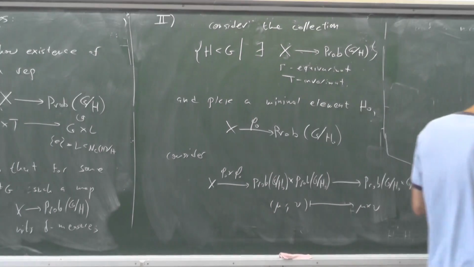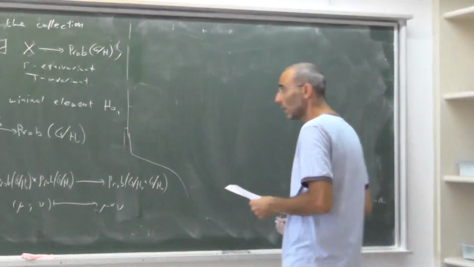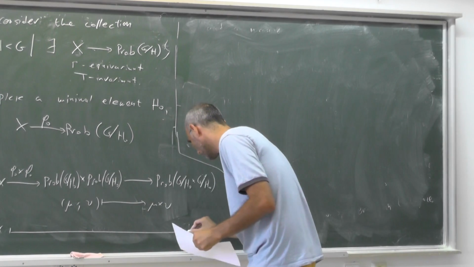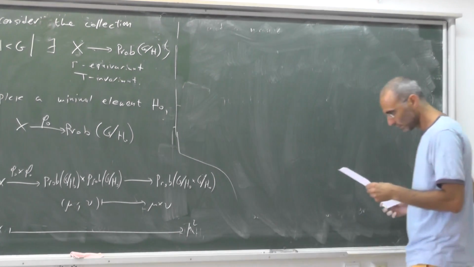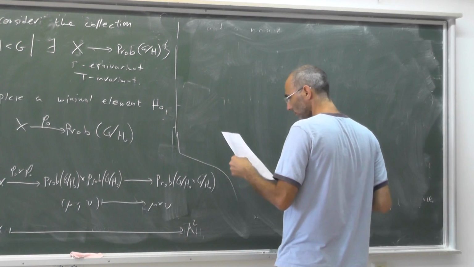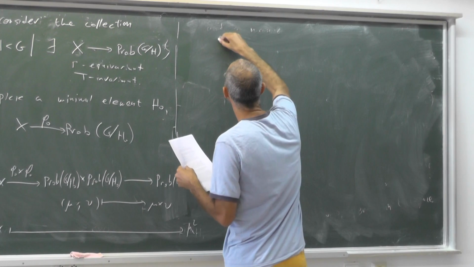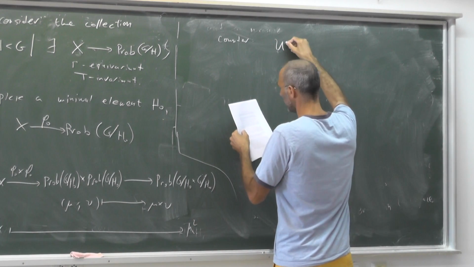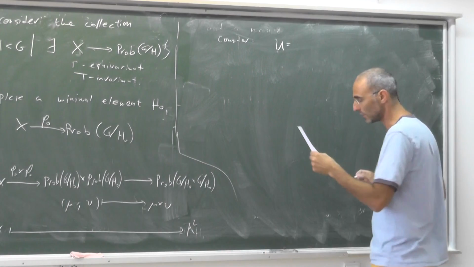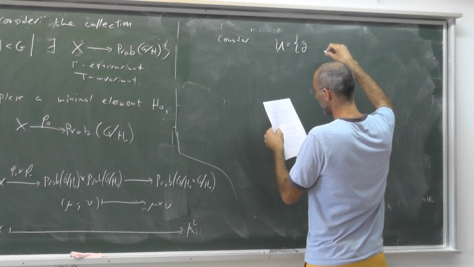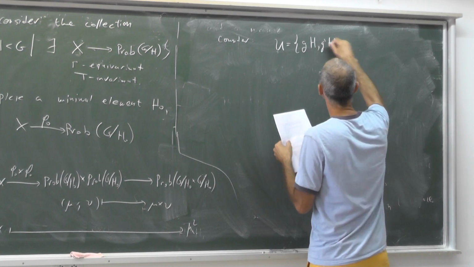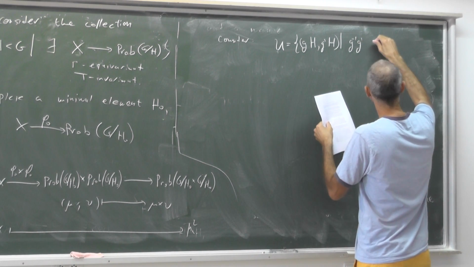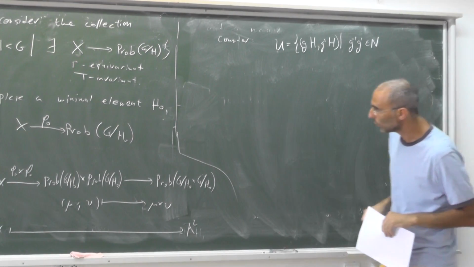Okay, I need to make an argument, but maybe, so this map is x goes to, I don't know, mu sub x squared. So now I'm considering U to be a certain subset of this double space. It will be all the gH, g'H, such that g inverse g' is not in N. Okay, what is N?